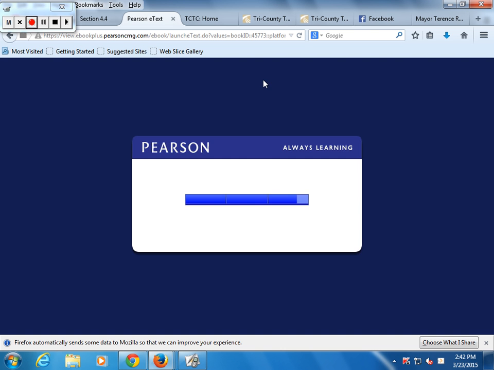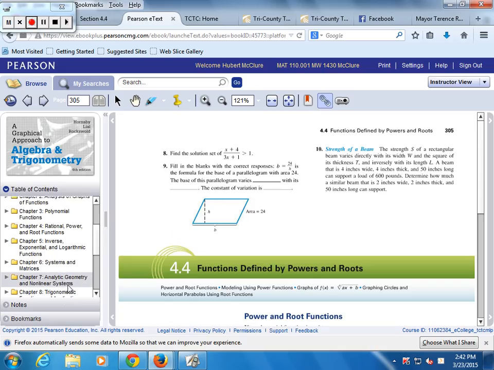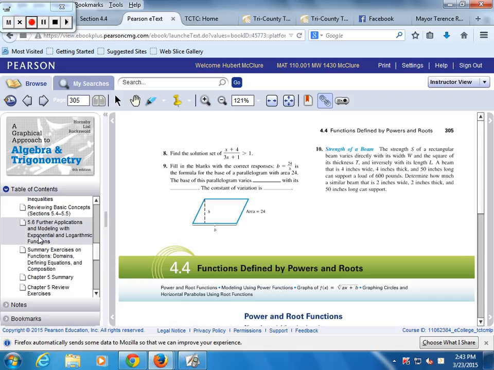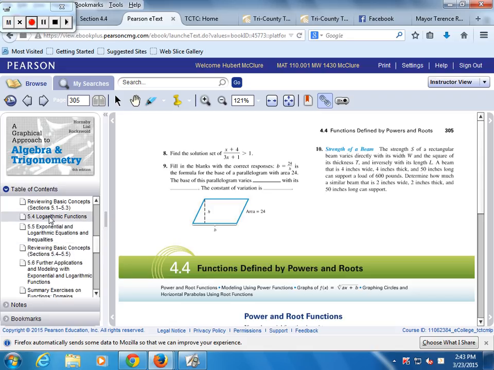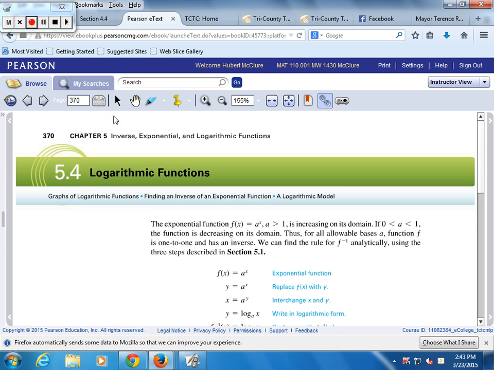I think we're finishing up the chapter. It's chapter 5, and 5.4 should be logarithmic functions, logarithmic equations.